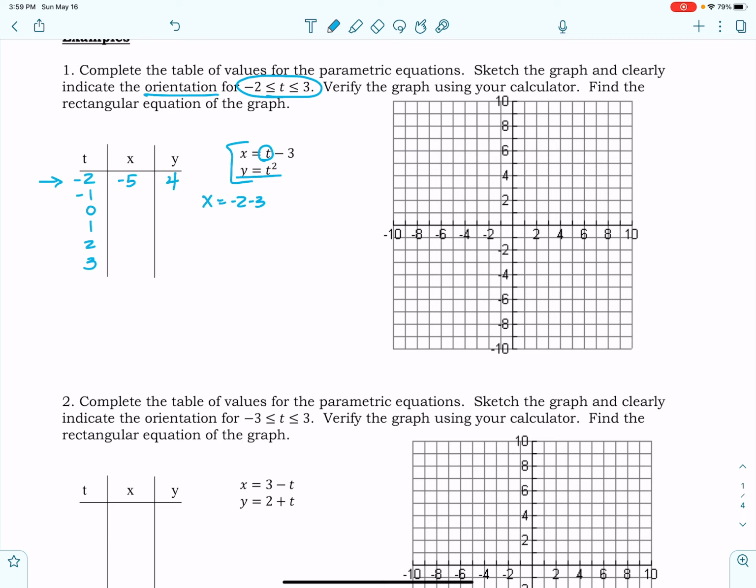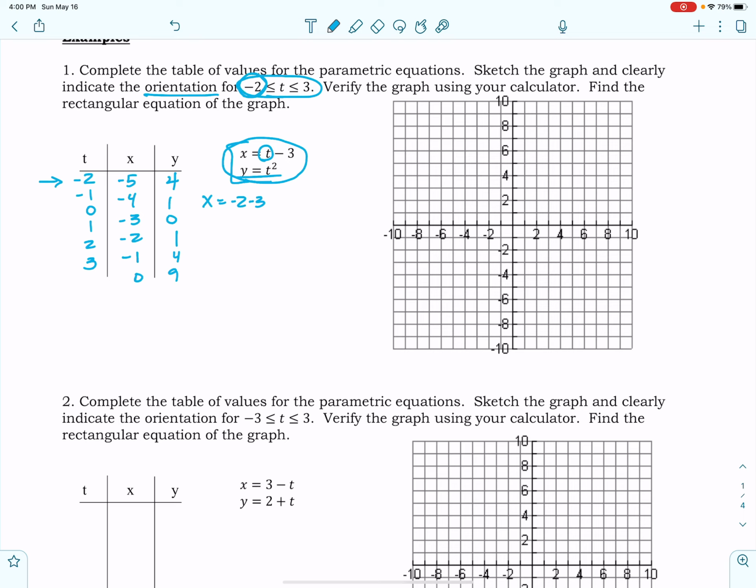So I'm just going to fill in the table using the substitution into each of these for my x and y values. So what I end up with is these ordered pairs right here. Okay, so now we're going to graph these.